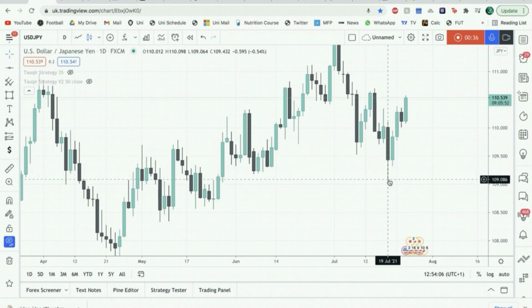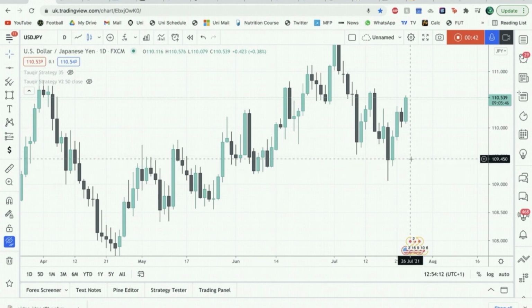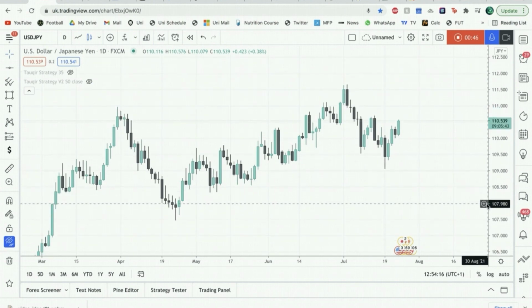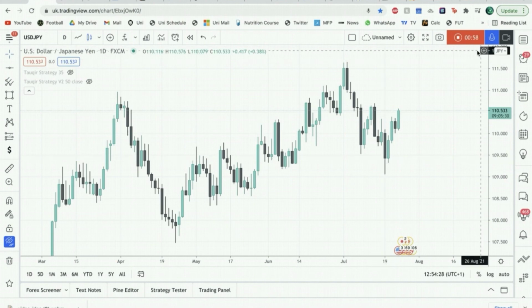Price rejected the break of structure, came back up and then closed above. That means it has no intention of breaking structure and every intention of continuing its original trend, which was obviously an uptrend on the higher time frame. So that would have given you further confidence to actually swing this trade and hold it for the rest of the week, and so on and so forth. So that's a nice little nugget for you guys as well.